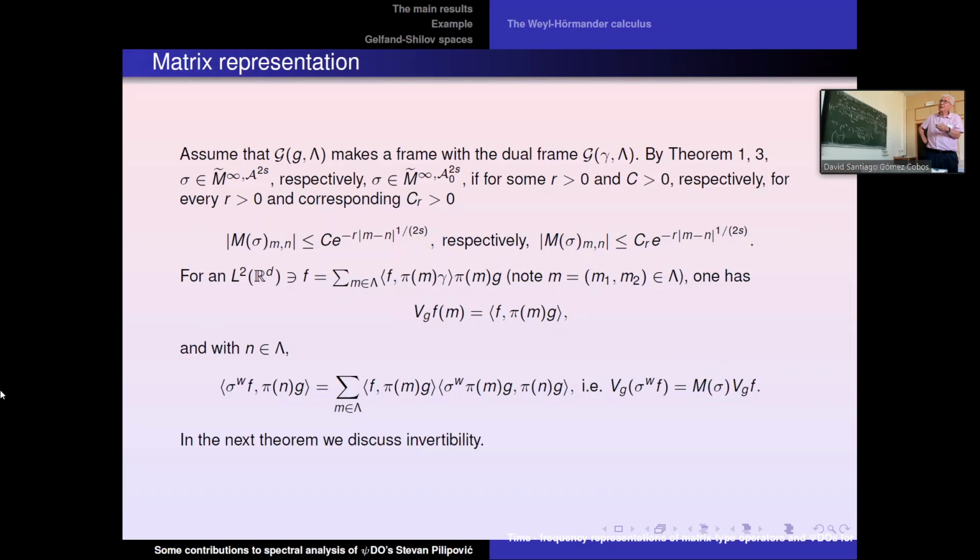This means that I apply on G my package P lambda of G, and I do this on gamma, and I have a dual frame, both are Gabor frames, and so now I'm trying to explain symbols by the use of matrices which I already introduced.